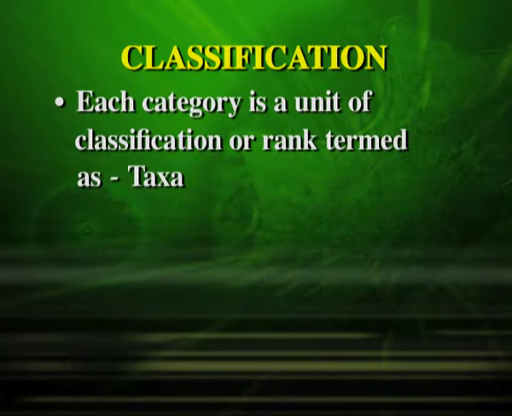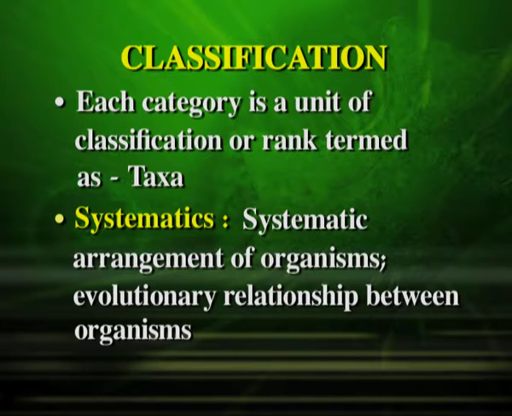Each category is a unit of classification or rank termed as taxa. Systematics: it is the systematic arrangement of organisms based on evolutionary relationships between organisms.